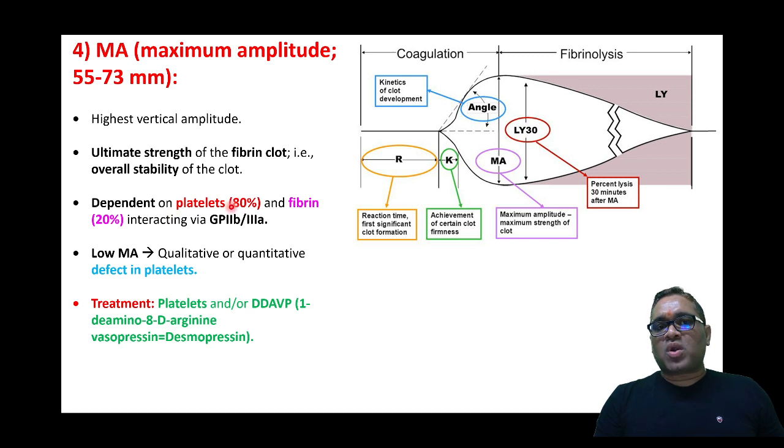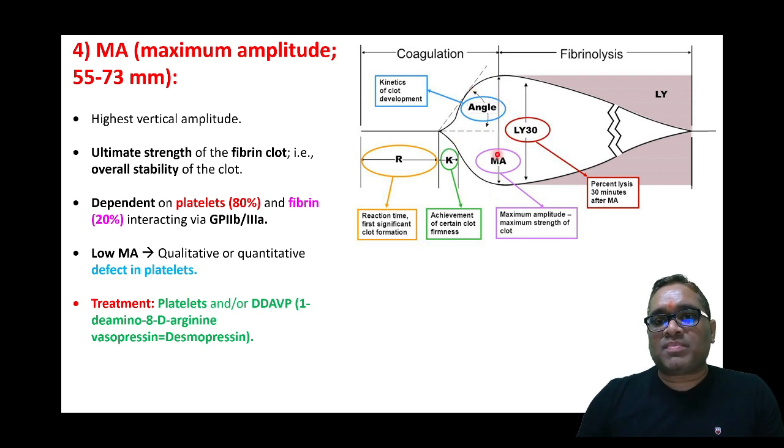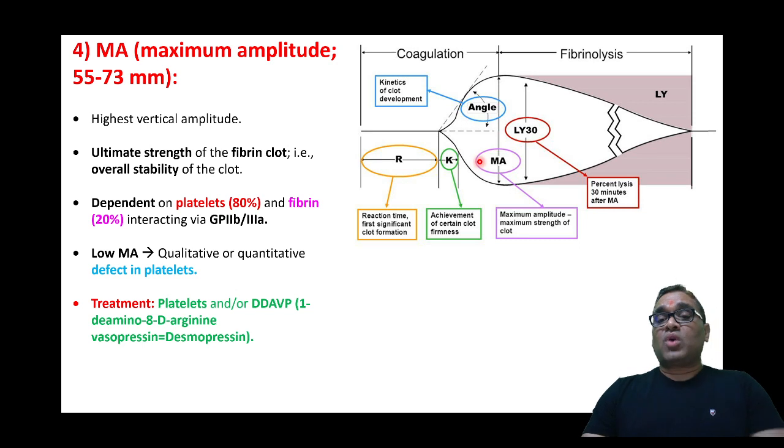So what is more important in the maximum amplitude? That can be another question and another concept you should understand as a clinician, because whenever you find that maximum amplitude has some problem, what should you think of? You should think there is a platelet disorder. There is a defect in the platelet. Either quantity is defective or quality is defective.